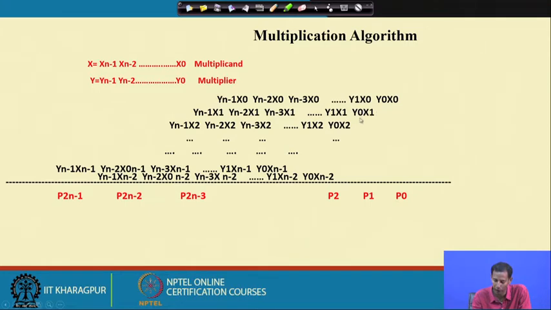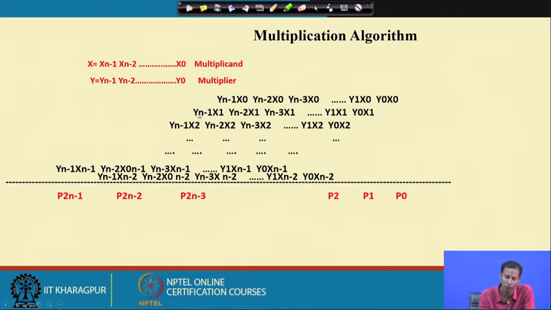The weight will start from this particular stage, not from that one. Because x1 is coming at the 2 to the power 1 position, this x1 y0 will come at the 2 to the power 1 position only.